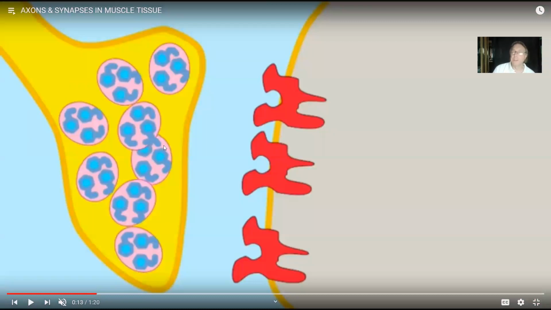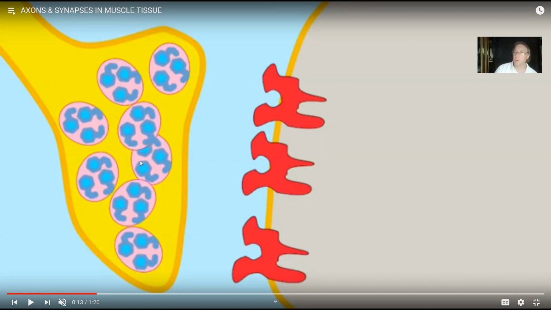But when they reach the place where cells touch, what's called a synapse, in most cases, not all, the electrical action potential cannot jump from cell number 1 to cell number 2.